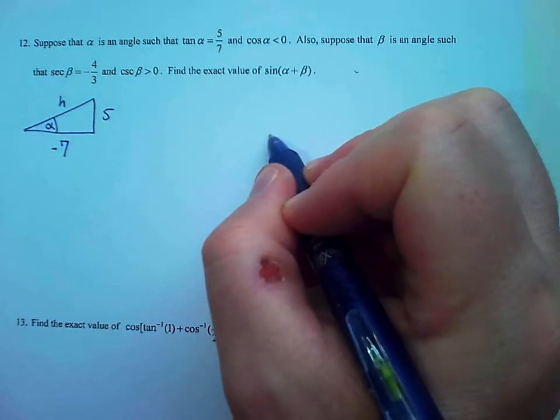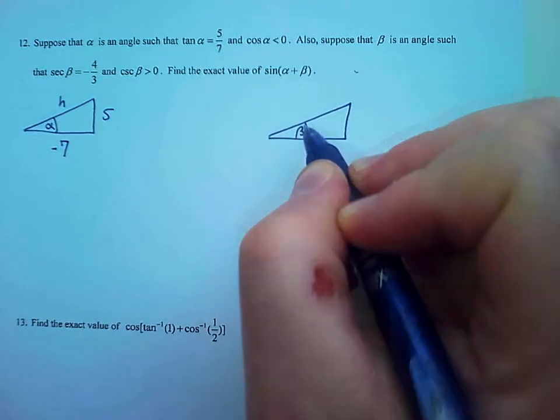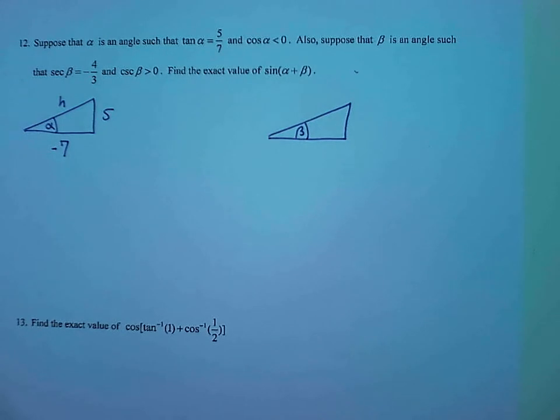Now if we look at beta, here if this angle is beta, then the secant is equal to negative 4 over 3. But we want the cosecant of beta to be strictly greater than 0.